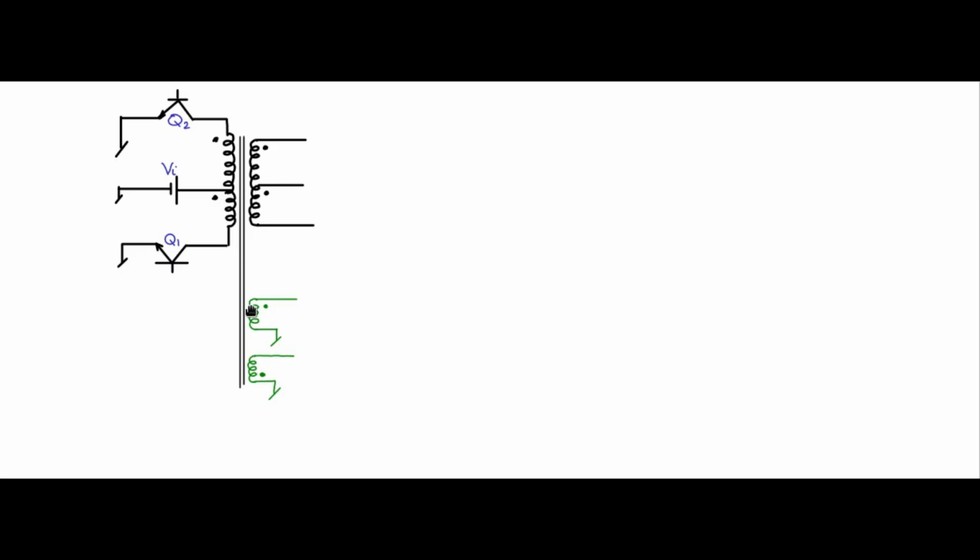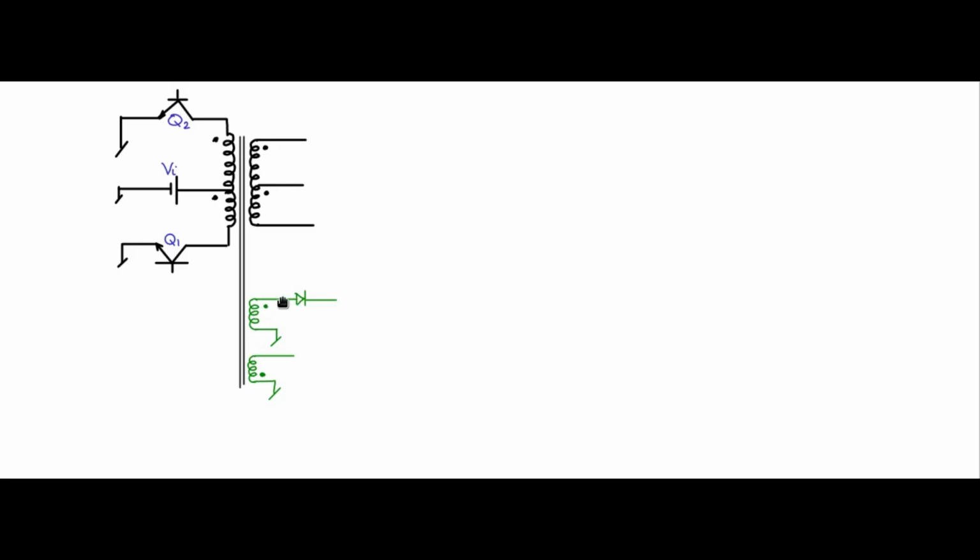So I am basically trying to use sense coils and sensing the dot side and the non-dot side positive under different switch on conditions. So let me go further in the circuit. I will put a diode, so which means that I just need to have the positive. It's a clipping circuit.